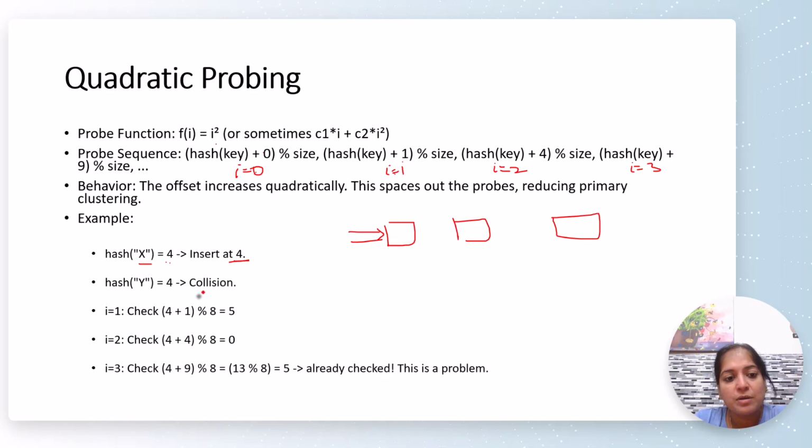There is a collision, so we check the next available slot using the probe function, which is i square. For i equals 1, it becomes 4 plus 1 mod 8, which is 5. Then for i equals 2, 4 plus 4 gives us the index 0. For i equals 3, 4 plus 9 mod 8 is 5, which is already checked. So there is again a problem.